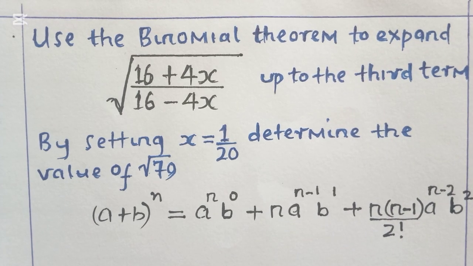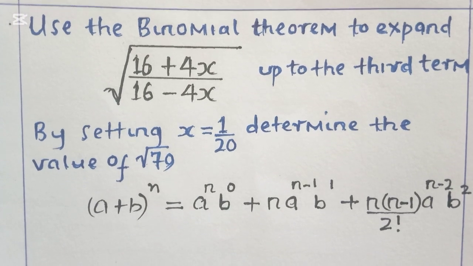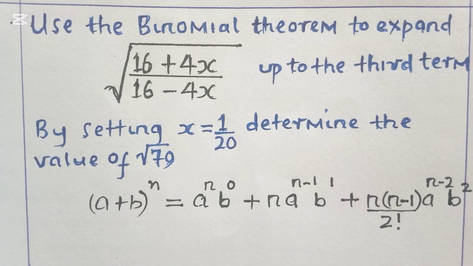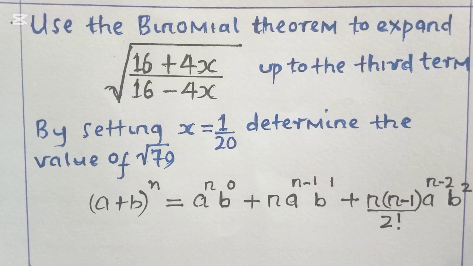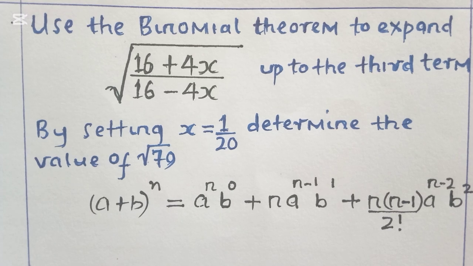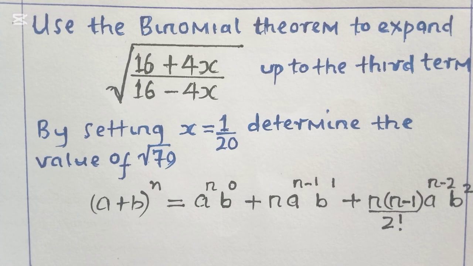So guys, it's important to remember that formula, and we can go on and on. But since we are supposed to get three terms, we can reach up to there. And so guys, let's now go to the question.